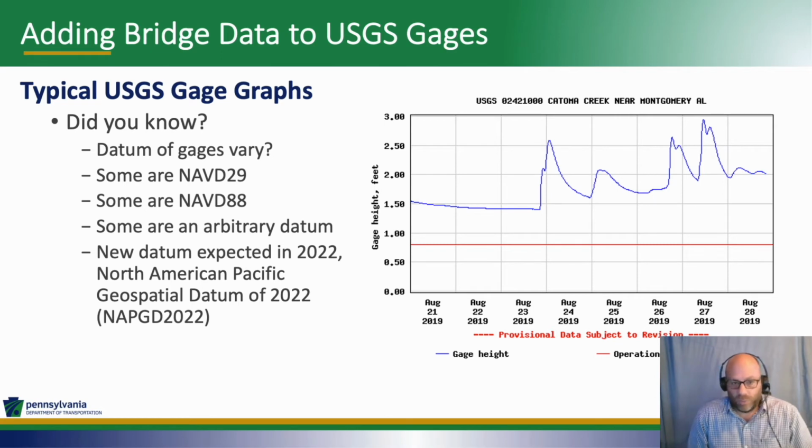A lot of the old plans are in the North American Vertical Datum of 1929 or the North American Vertical Datum of 1988. These inconsistencies will have to be corrected through survey and data acquisition by the USGS for each gauge.